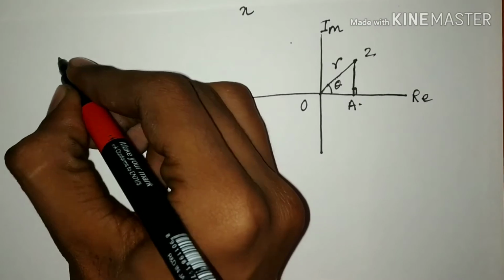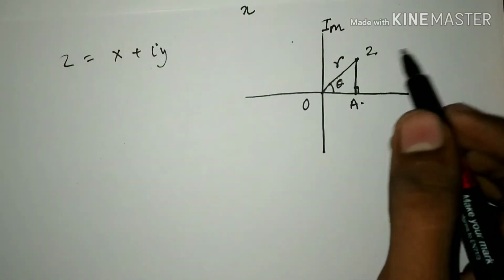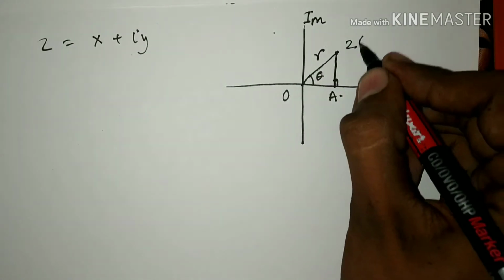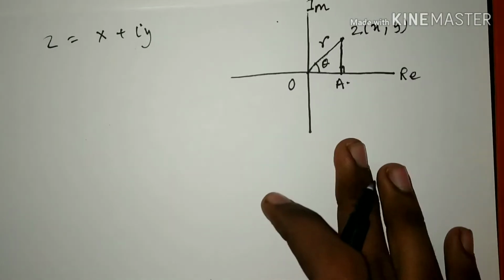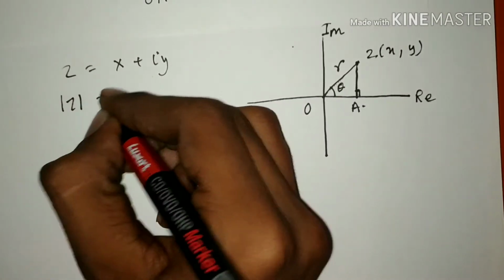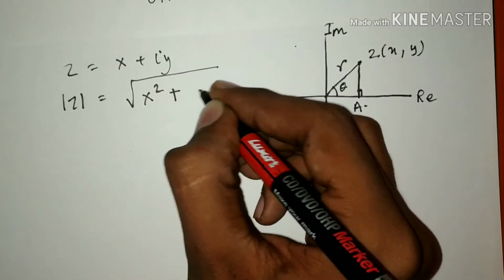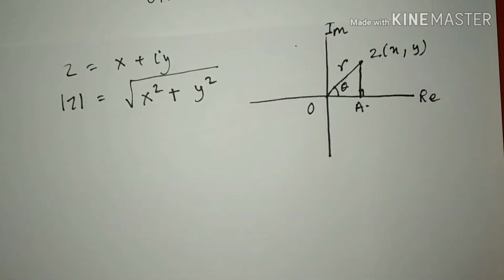Now what is this modulus? The modulus of a complex number, say this is a complex number, x plus iy. So the modulus, as I said, is the square root of the squares of the real part plus the imaginary part, right?